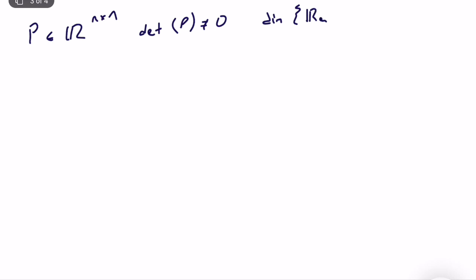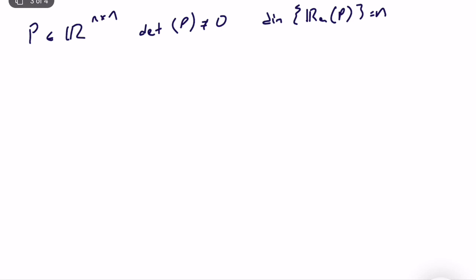Let's assume that we have a P matrix, which is also n by n. Moreover, it's a non-singular matrix, which means that the determinant of P is not equal to zero, or the dimension of the range space of P is equal to n, or the dimension of the null space is 0.